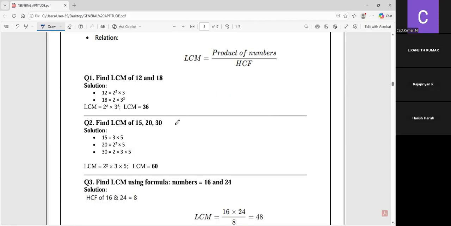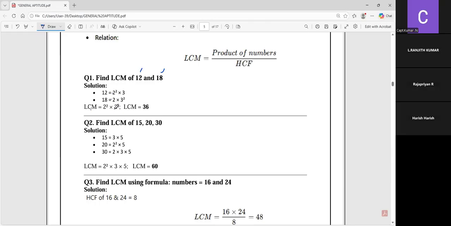So first example, the first problem, LCM. Find the LCM of 12 and 18. First number is 12, second number is 18. The 12, I'm going to write like this: 2 power of 2 into 3. 18 is 2 into 3 power of 2. In the HF, we are going to take the minimum value, but in LCM, we are going to take the maximum value.